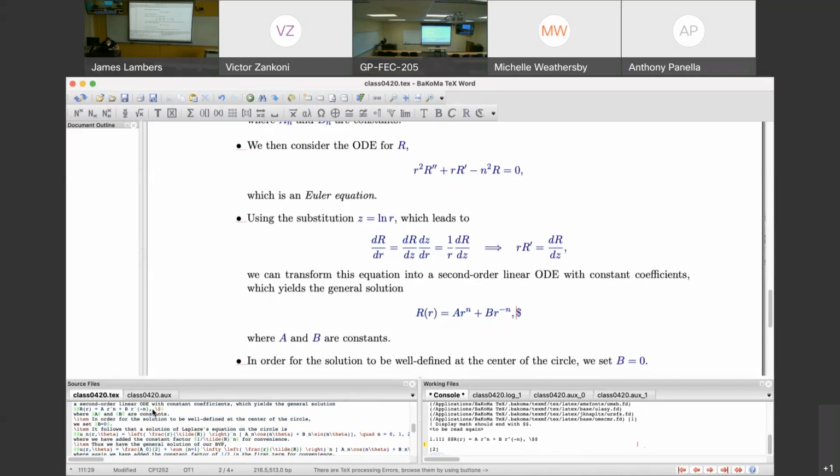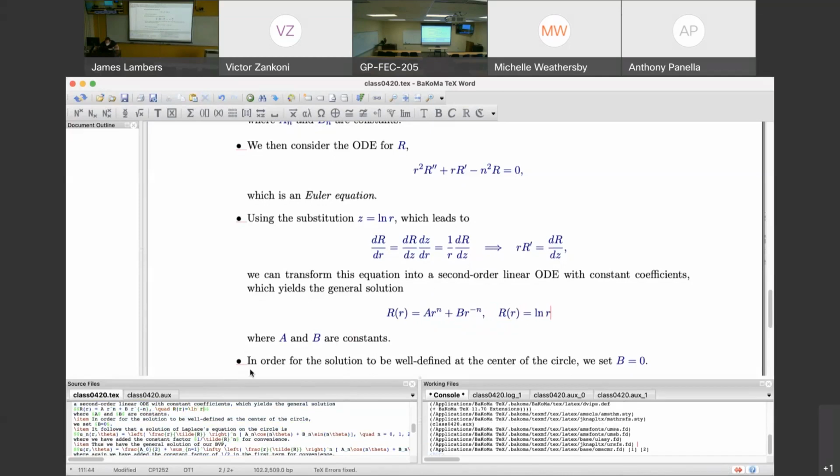If you prescribe that n is 0, then there's more solutions possible.